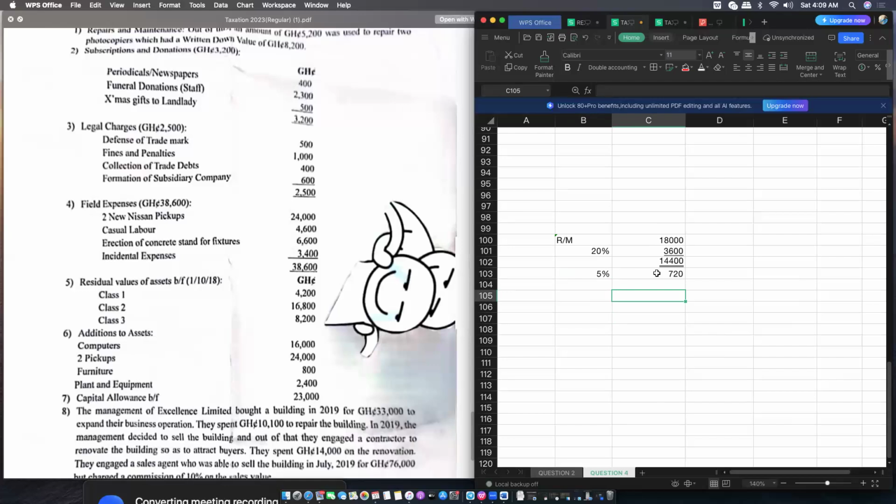That one would be the allowable repairs and maintenance. So with that one, are we lessing or adding? We are adding. Very good.